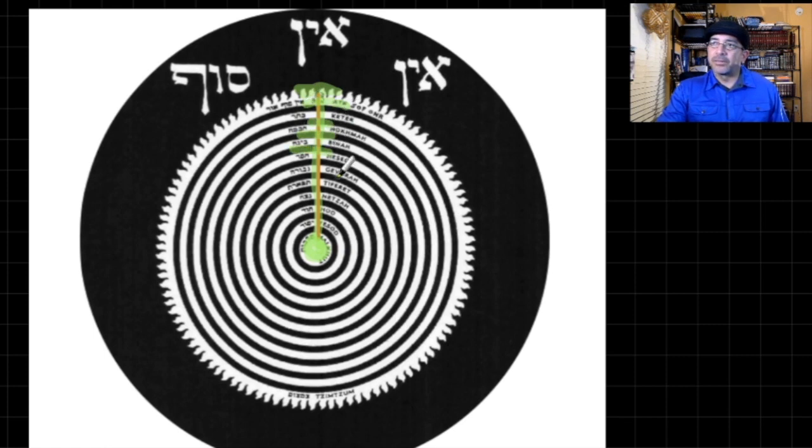The light is sensed by the vessel in these different degrees, and these degrees are the sefirot. So we're going to have Ein Sof Aur, the lights of Ein Sof. We're going to have Keter, Chokmah, Bina, Chesed, Geburah, Tiferet, Netzach, Hod, Yesod, and Malchut in the middle.